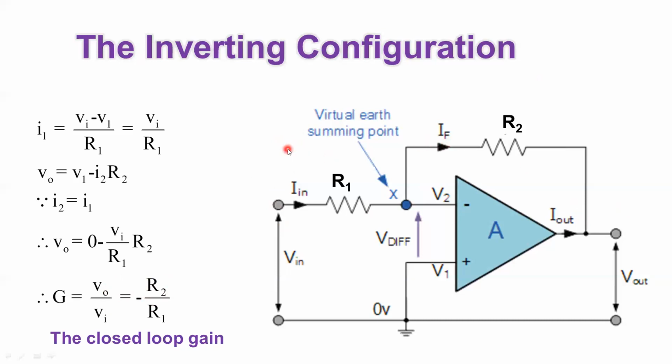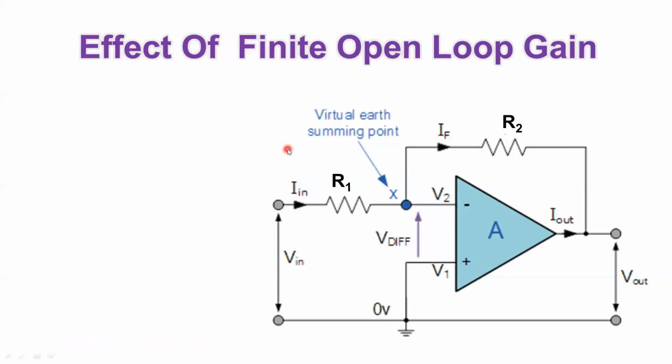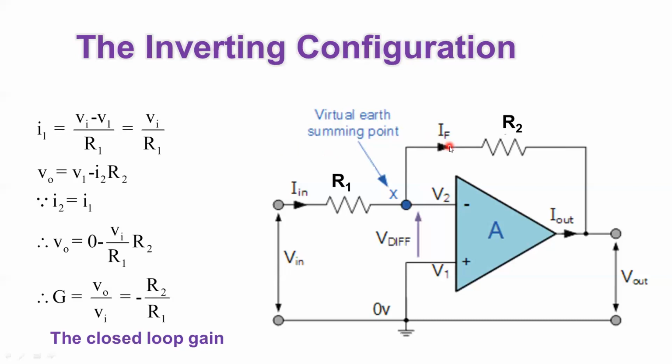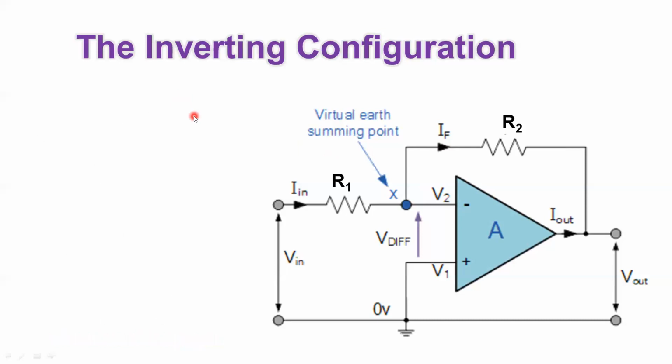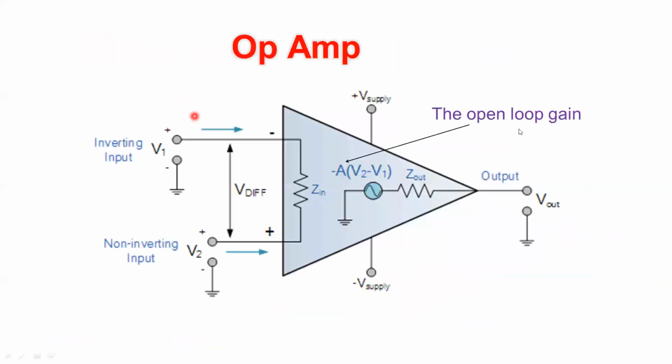Now, let's turn to two issues related to this operational amplifier, or to this configuration. The first issue is, what if the open loop gain, this A, is not equal to infinity?